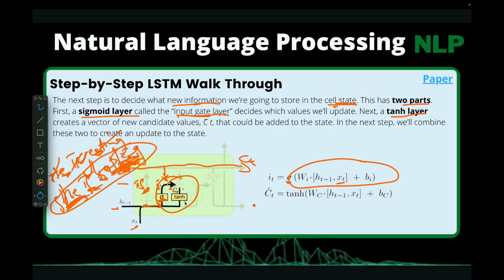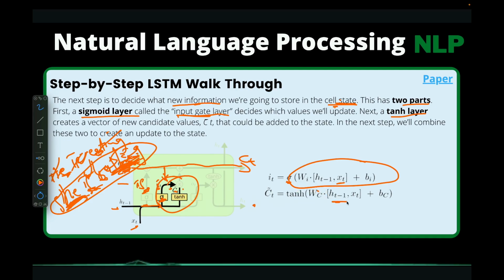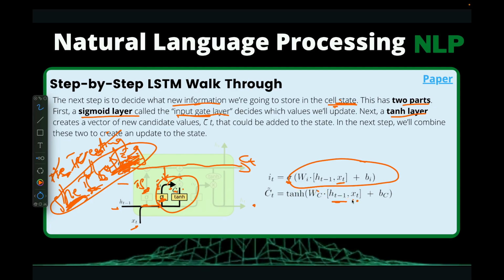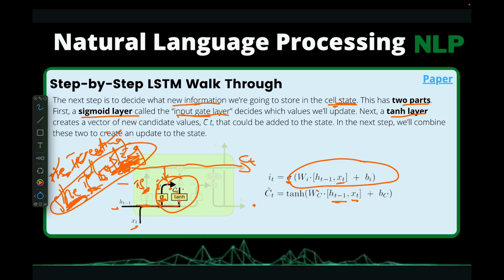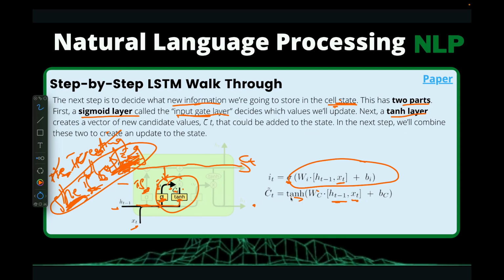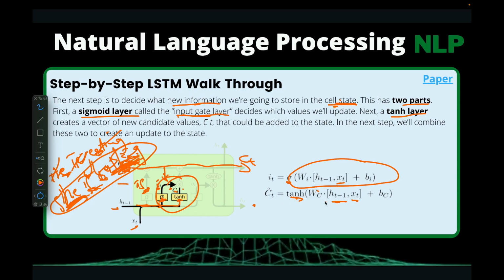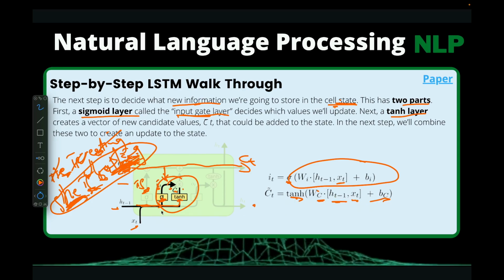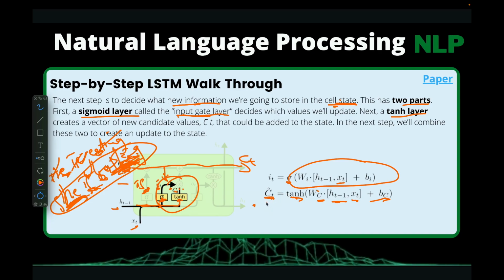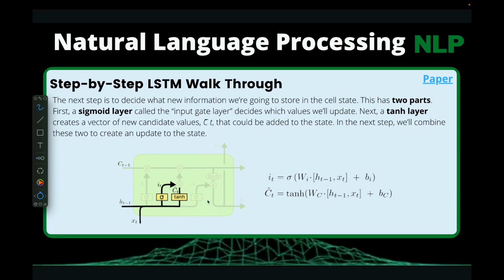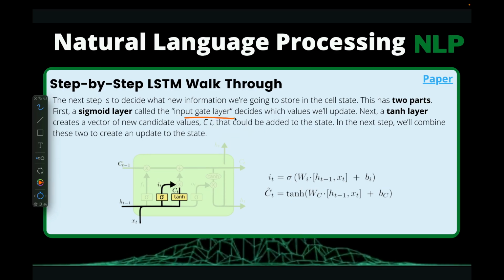And then here we have the same ht-1 and xt. Remember, this one is also flowing through all the way here. So this tanh is going to work on that, multiplied by some weight and some bias, and then we're going to have the C̃t respectively. All right, so that's basically what is going to happen in the input gate layer.